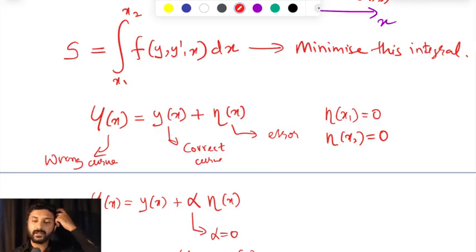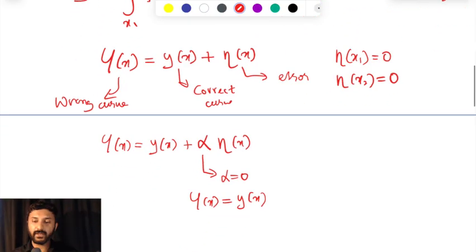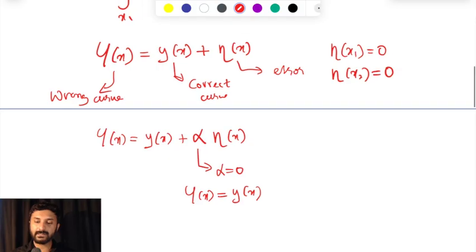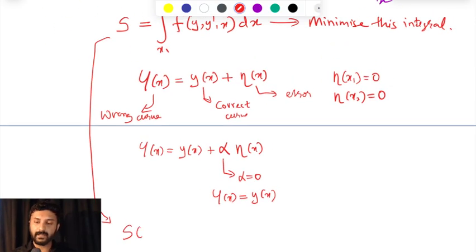So then our task is to figure out this S, the integral S that I mentioned earlier, as being a function of alpha, right? We could think of it as a function of alpha, so that for different alpha values you get different integral values.